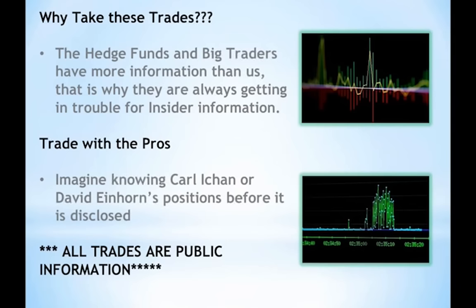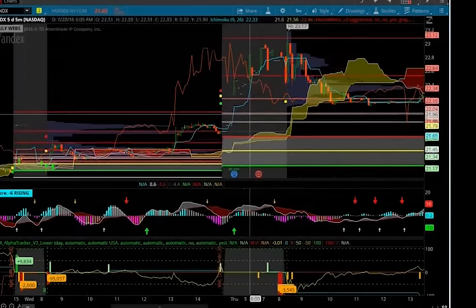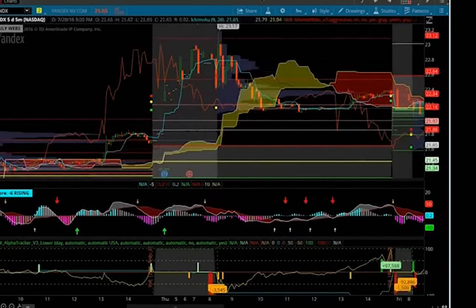After they came in and bought those Yandex calls, the stock ripped to the upside, absolutely ripped to the upside. And what we can see is that a trader that would have been paying attention to that order would have been able to catch a pretty aggressive move into the close, and an even more aggressive move the next day after the stock reported earnings.